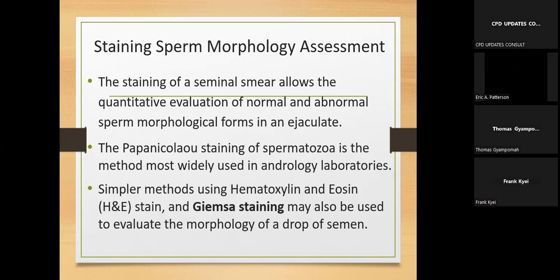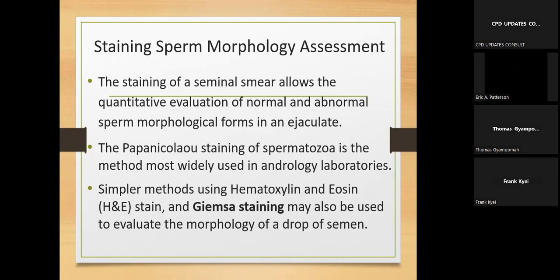So that's also going to be another challenge. One, because it's going to be subjective, it can have a problem. And because you can use Papanicolaou, some can use H&E, some can use Giemsa stain, it means that because different techniques can be used, it can also be a problem. And then it comes to the issue of personal preference, how you want to look at it.